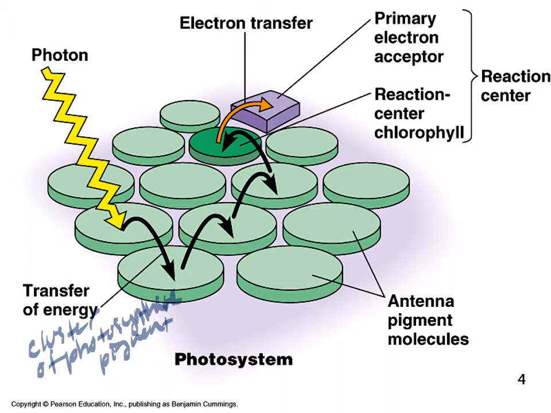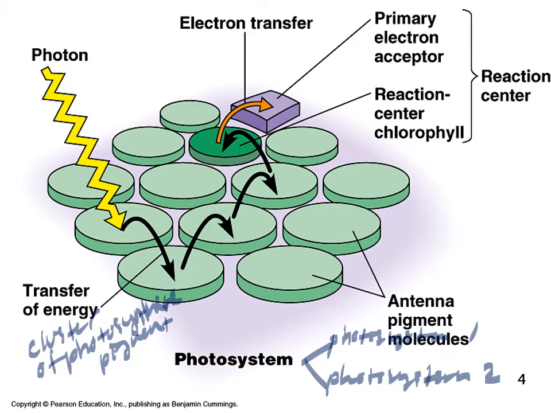Photosystem 1 and also photosystem 2. There are two photosystems involved here. Photosystem 1 has a reaction center chlorophyll, the P700 center, that has an absorption peak at 700 nanometer.